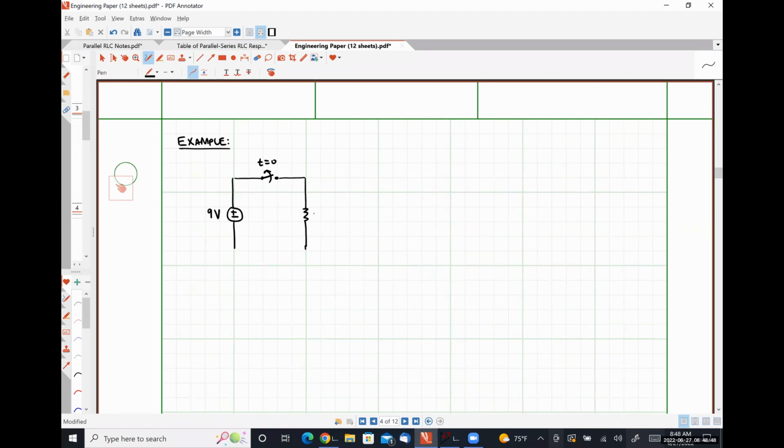We have a 2 ohm resistor through which a current I'm labeling IA flows. We have a dependent source here, positive polarity on left, negative polarity on right, that creates a voltage of 3 IA.